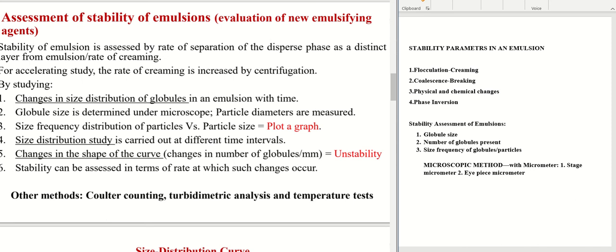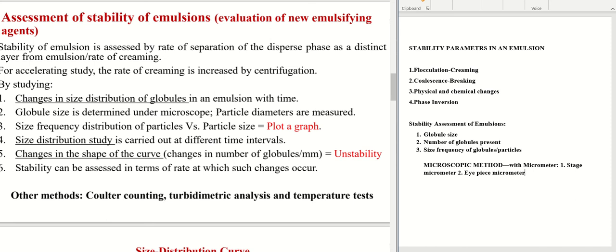Now we will be setting up the microscope. Over the stage we'll be placing a stage micrometer. The stage micrometer is a slide having graduations. The eyepiece micrometer is an optic disc that is placed in the eyepiece of the microscope. These two micrometers are graduated at the micron level.